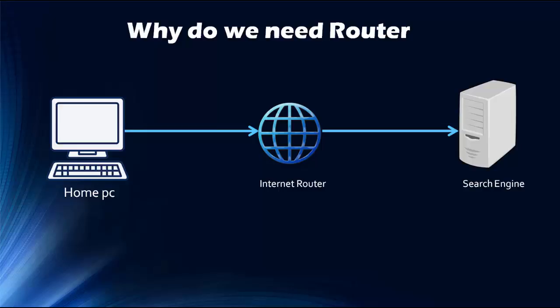What actually happens after that? The moment you search for Google, a request packet from your PC is sent to the internet router, and the internet router finds the way to the search engine server that you have searched for. That is the work of routers.